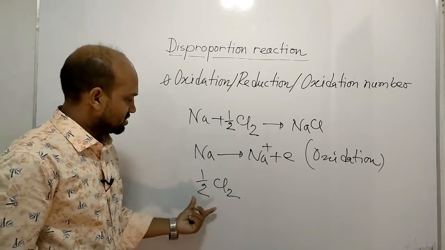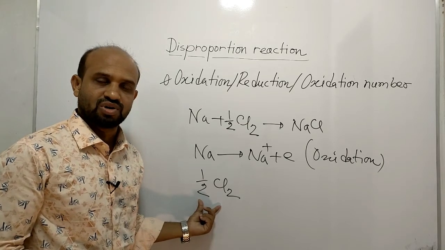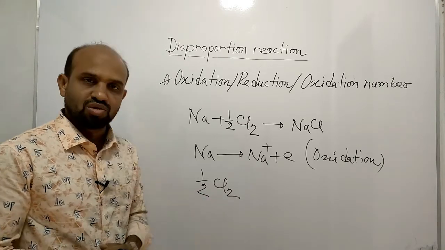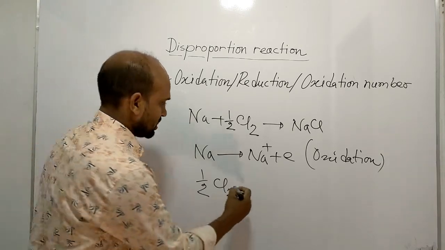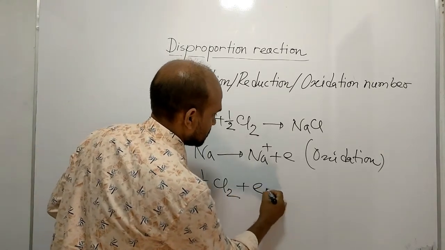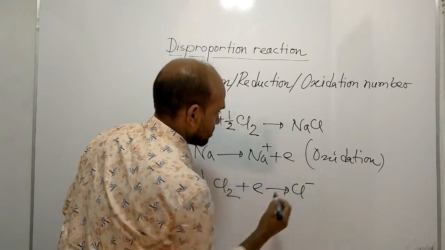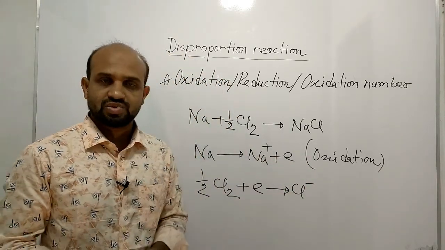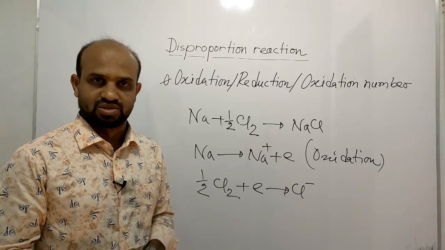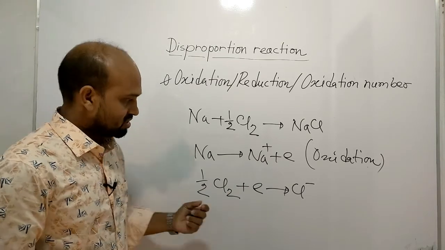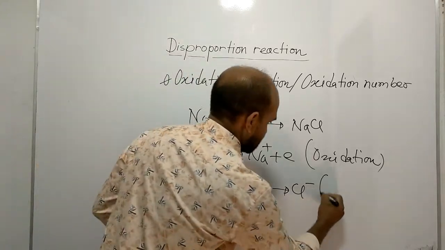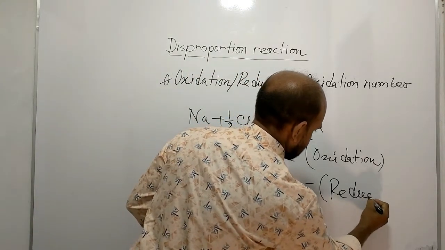Actually, there is no existence of half molecule of chlorine. So this chlorine molecule accepts this electron and forms chloride ion. Here acceptance of electron happens. This acceptance of electron is called reduction.